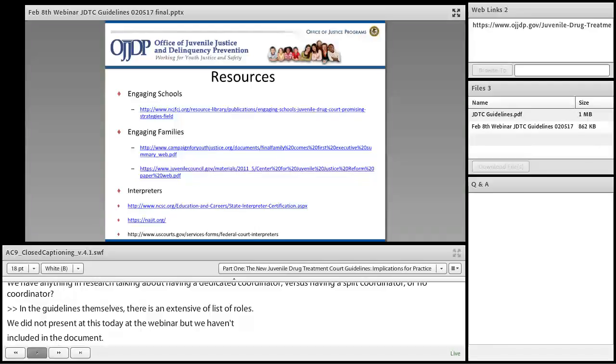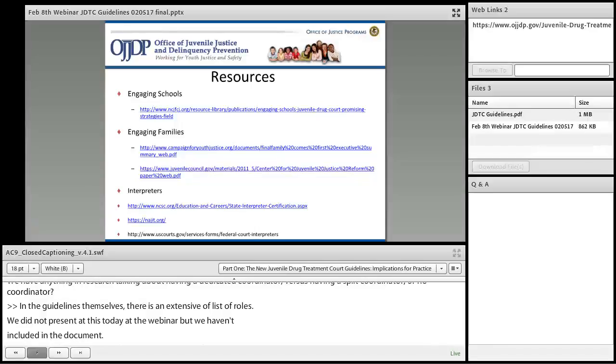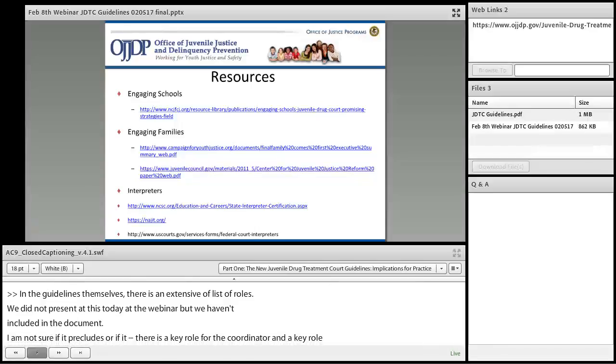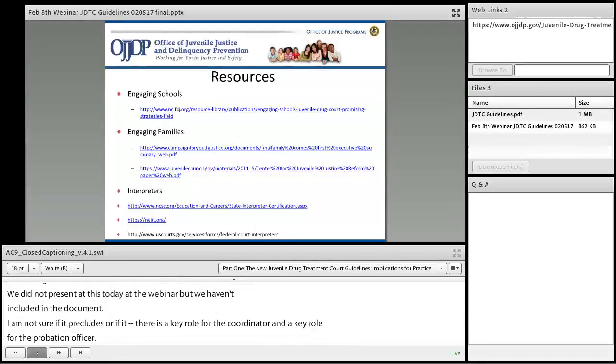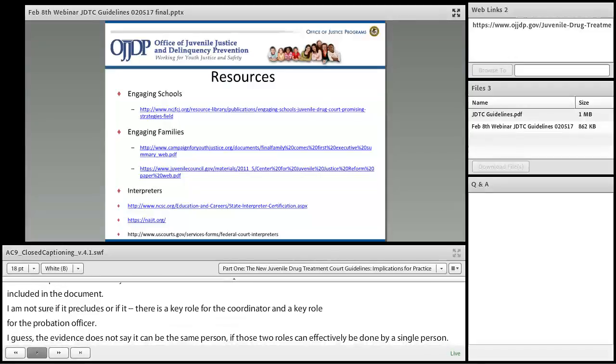But I guess the evidence doesn't say that can't be the same person if those two roles could effectively be done by a single person. There probably are some jurisdictions where those responsibilities could be handled by a single person, but there are key responsibilities for each of the roles.